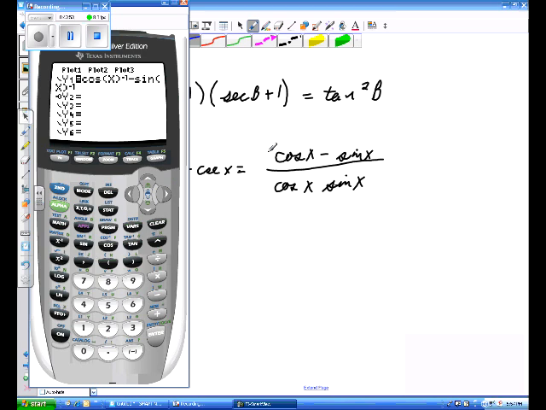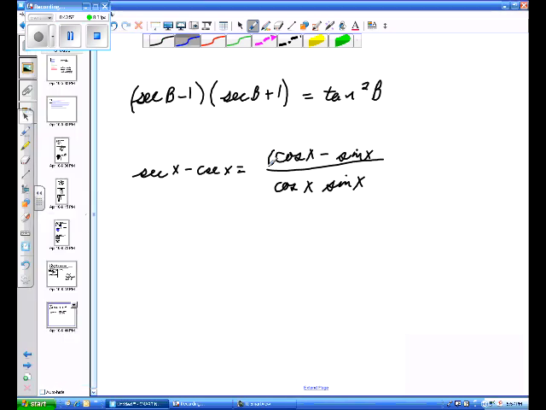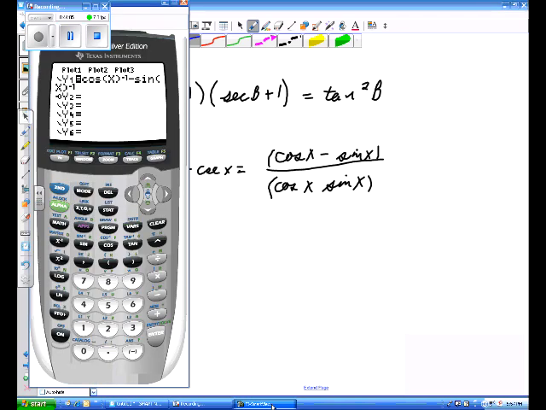Now here I have a numerator and a denominator, so I'm going to need my numerator in parentheses, and I'll need my denominator in parentheses. So I've got parentheses, cosine x minus sine x.